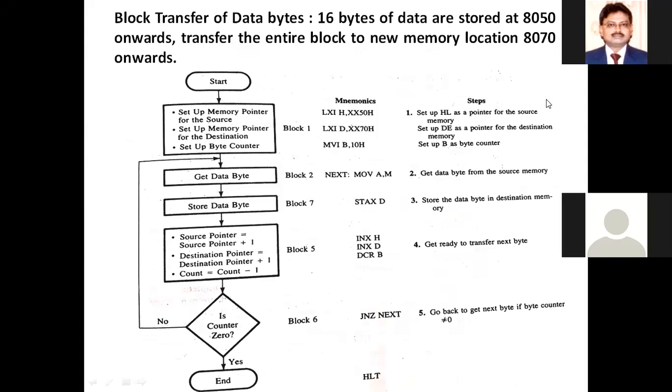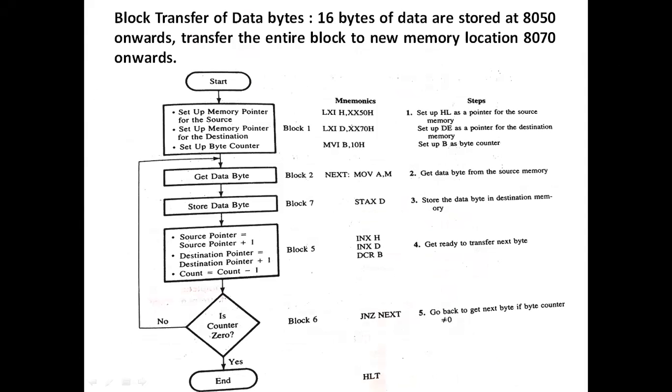Now we have an example. We have a program statement in which we want to transfer the data in a block. There are 16 bytes of data stored in 16 memory locations, and we want to transfer the entire block to new memory locations starting with 8070.